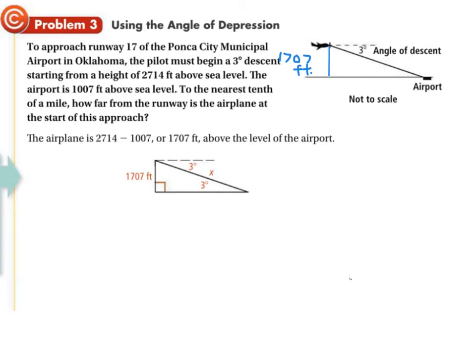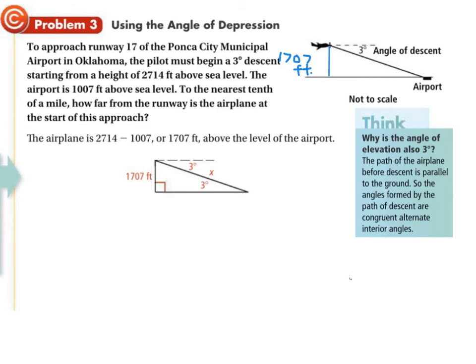They say that this angle of elevation from the airport up to the plane is 3 degrees. If this is 3, why is this 3? The path of the airplane before the descent is parallel to the ground. These are parallel lines cut by a transversal, and when you have parallel lines cut by a transversal, these alternate interior angles are congruent.